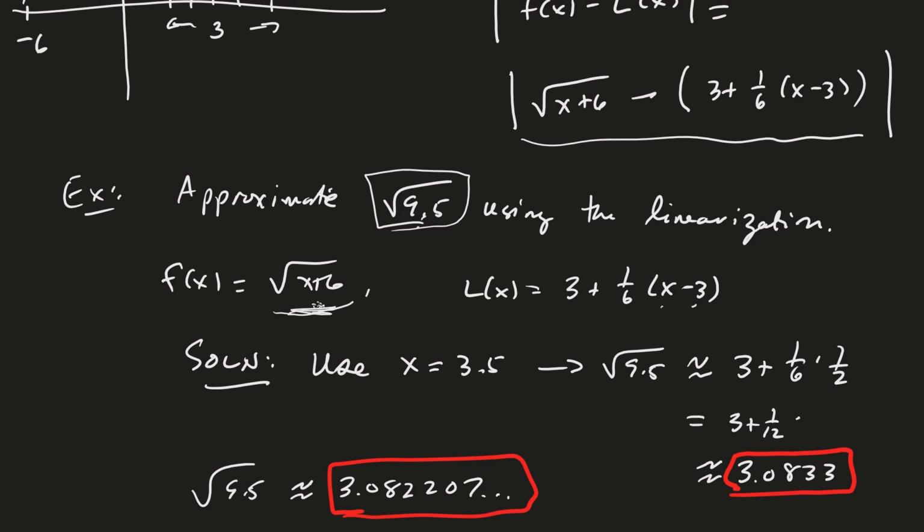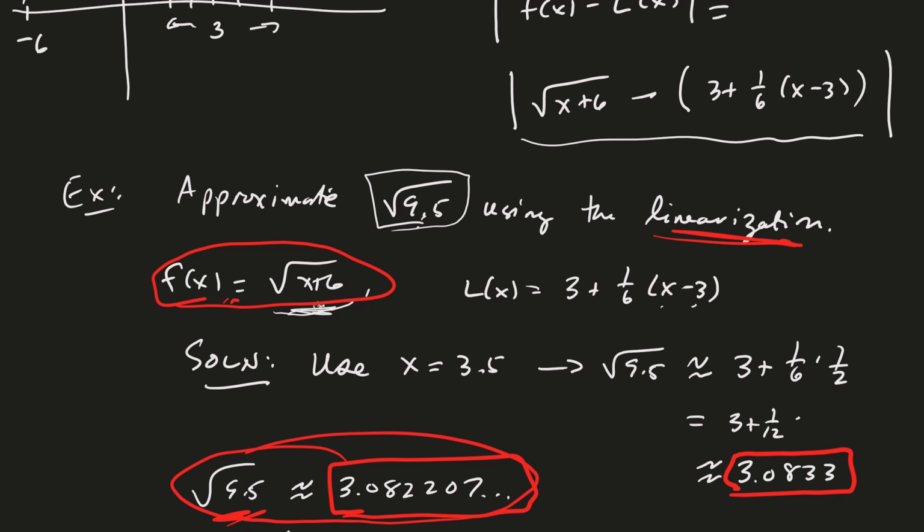Now, of course, you also see the main question that you might be thinking to yourself, and that is, why would I approximate the square root of 9.5 using a linearization when I can just compute it on the calculator? Well, this is just an example where you actually can compute f of x on a calculator, but there are instances, right, if you're, for example, if you only know your function by data points, then you are not able to make this kind of exact evaluation, right?